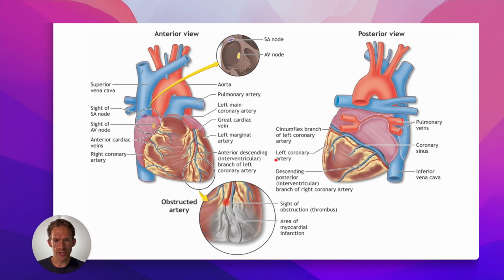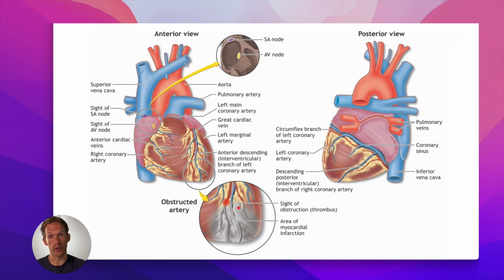In this picture, you can see how that could look for a certain area here. This area is normally supplied with blood through this coronary artery, and if you imagine that there's an obstruction right here, then all these cells right here will no longer receive blood and will no longer receive O2. And if this is happening for a longer period of time, these cells will literally die and will completely lose their function.